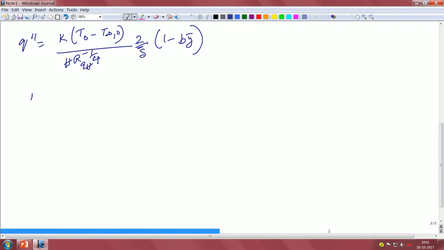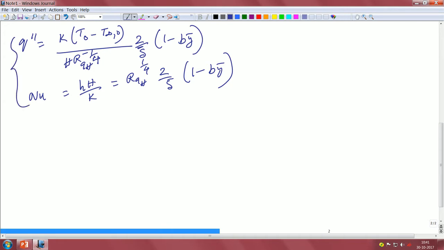Naturally, your Nusselt number, this is the local Nusselt number, is given by this. That will be nothing but Ra_h to the power of 1/4, 2 by delta bar, 1 minus B y bar. These are the two expressions that you are going to get for q double prime and Nusselt number.